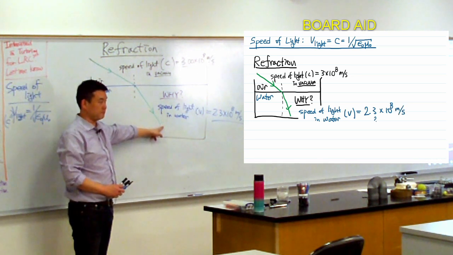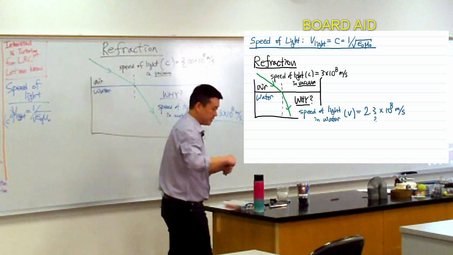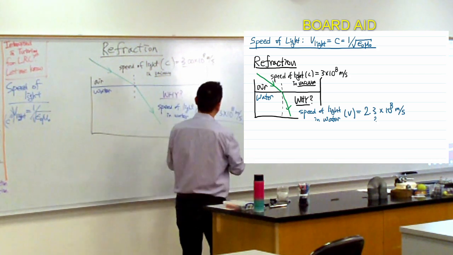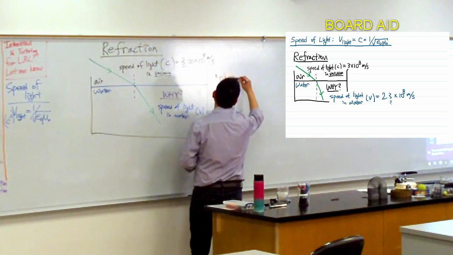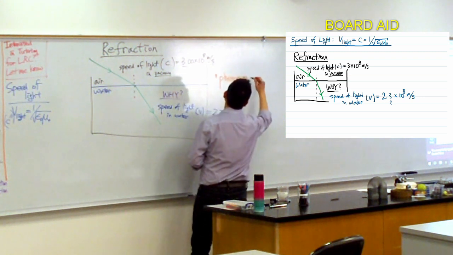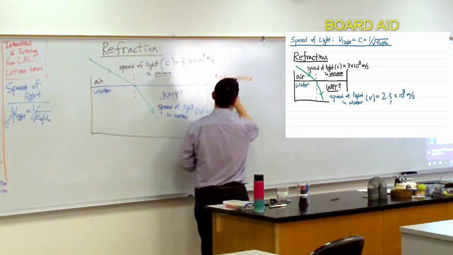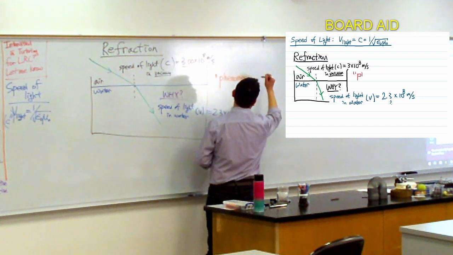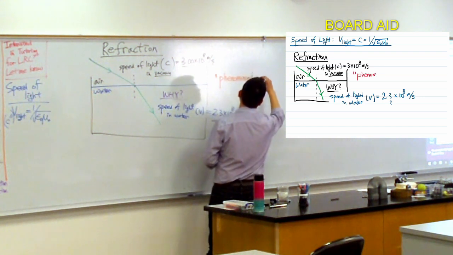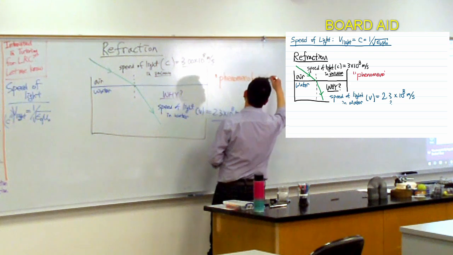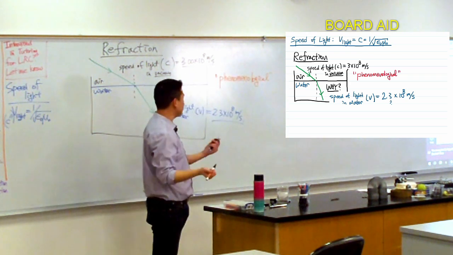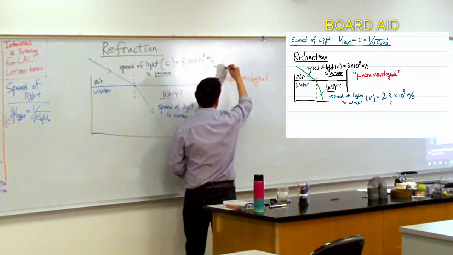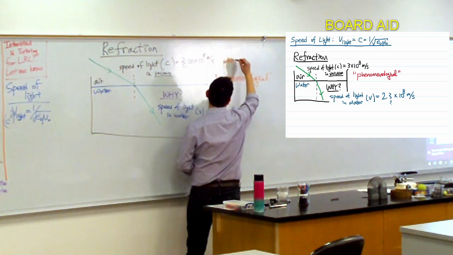phenomenological description. I don't know if you've heard or seen this word before. Anybody here? So this is, I think, how you spell it. Phenomenological. I think that's the right spelling. It's coming from the basic root word phenomenon.